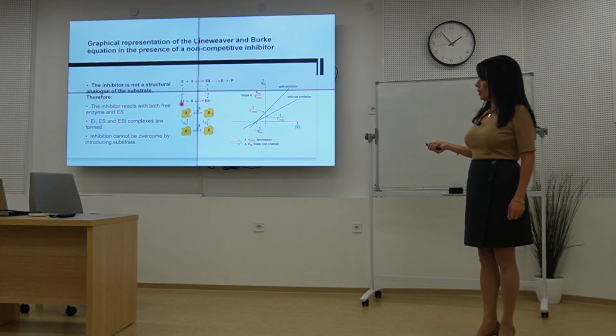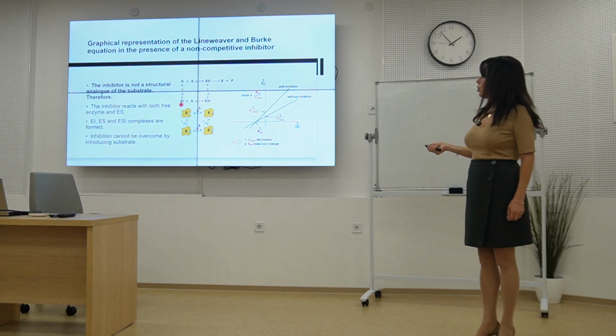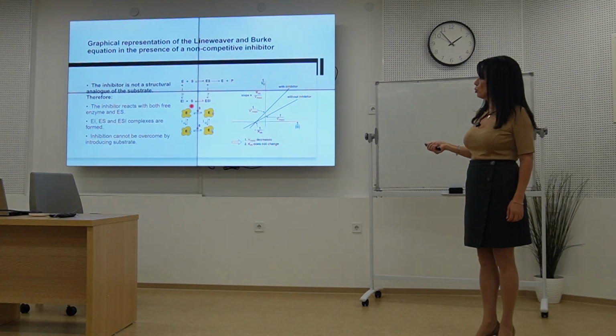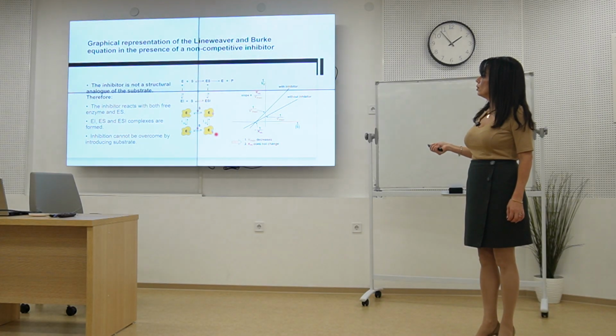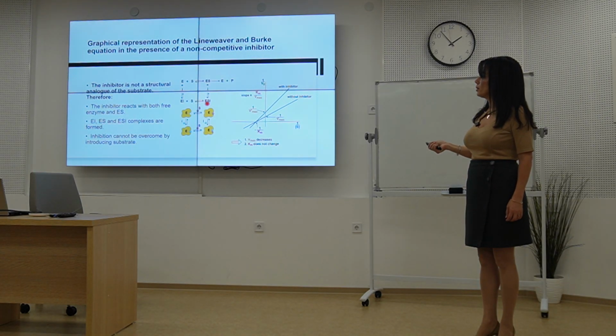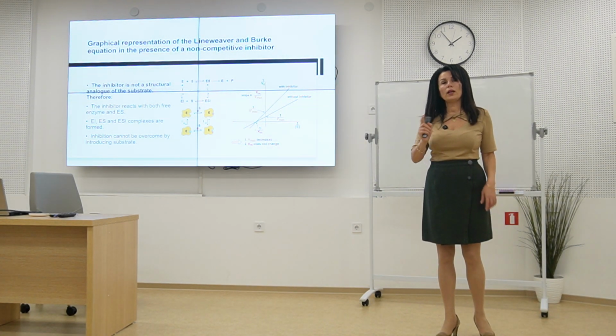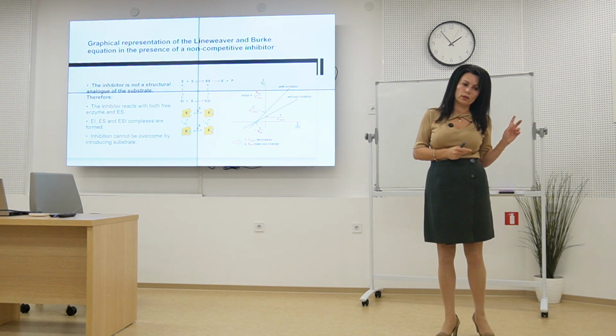But because there is a free place for contact with the substrate, some substrate can attach too. That's why one new complex can be formed, called the enzyme-substrate-inhibitor complex, unlike in the previous inhibition.